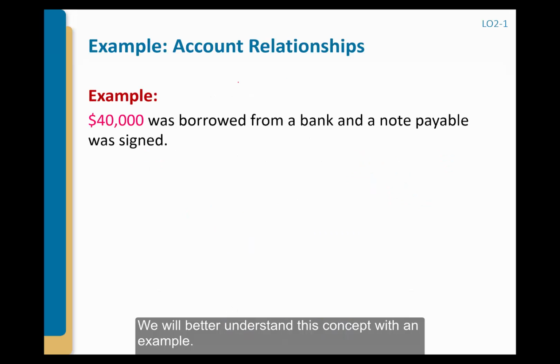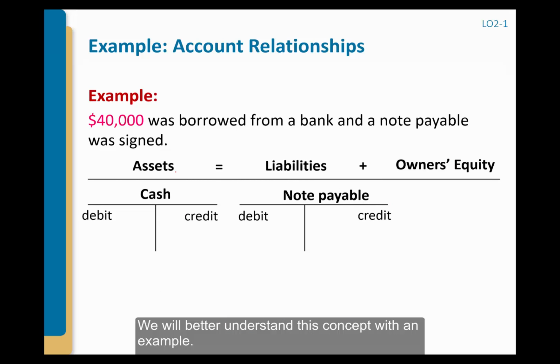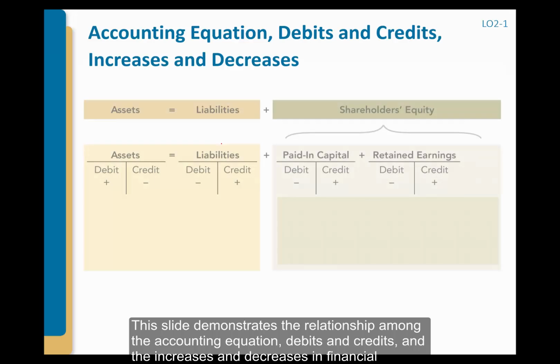So now the $40,000 that we borrowed from the bank with the note payable, right? So now we're actually digging deeper into our accounting equation. So here is our ALO, assets equals liabilities plus owner's equity. And then here we're going through our $40,000 in cash and our $40,000 increase in our notes payable. So now here is a very good schematic for you to understand how everything works.